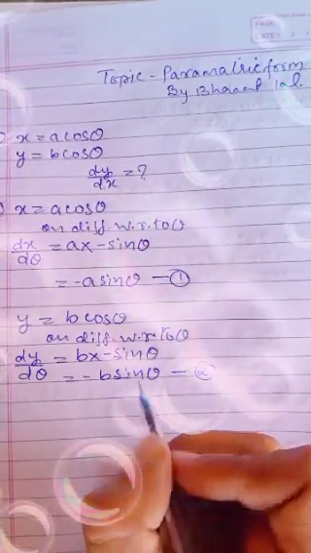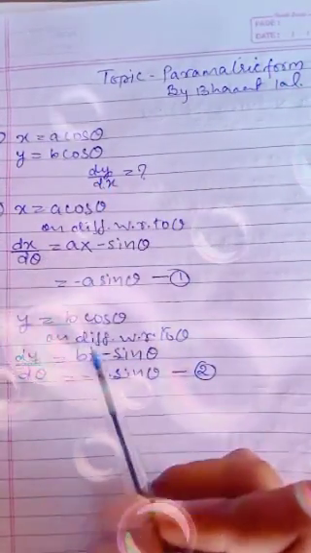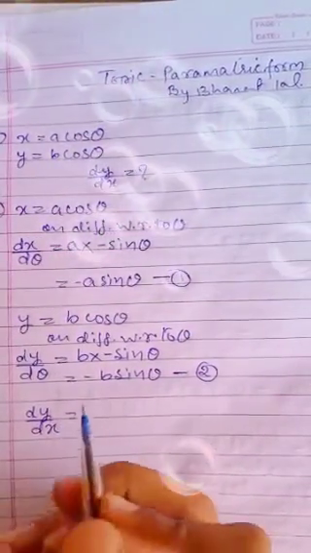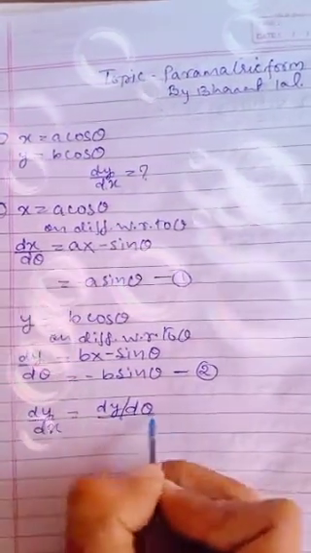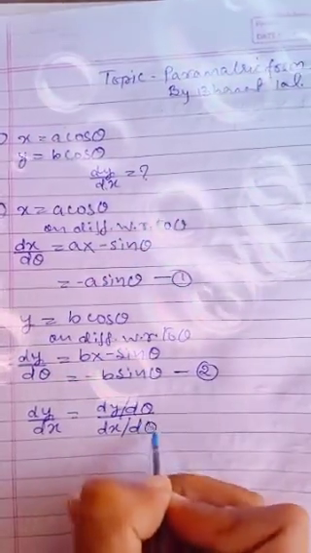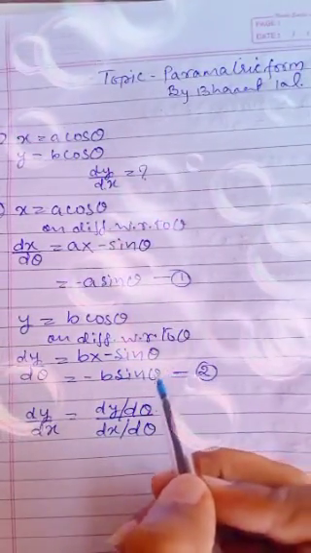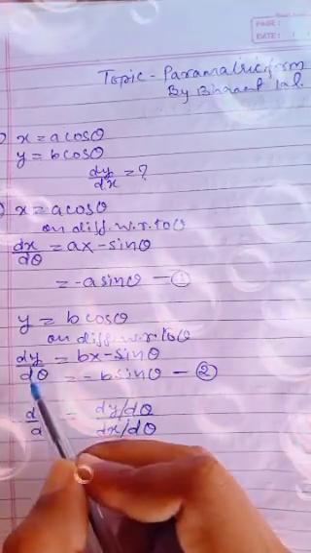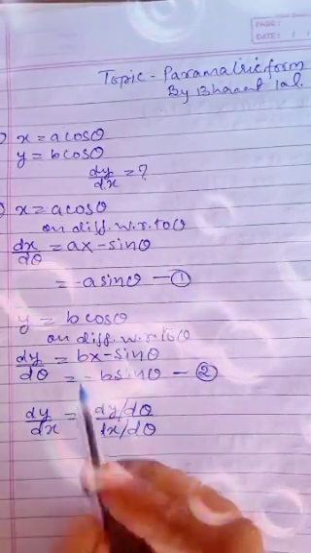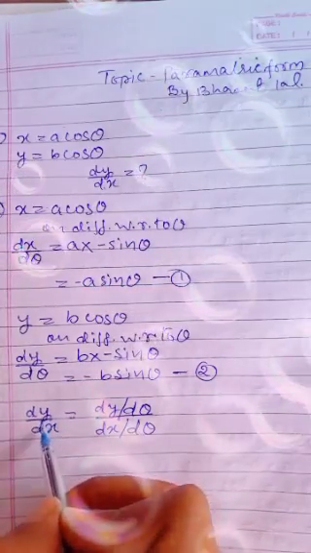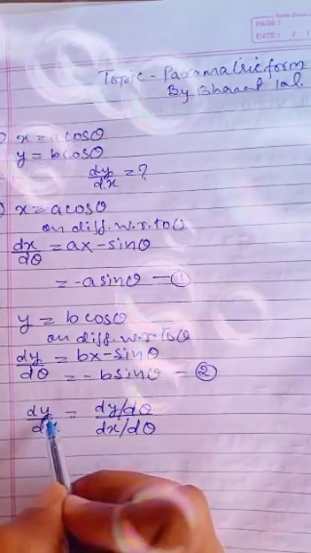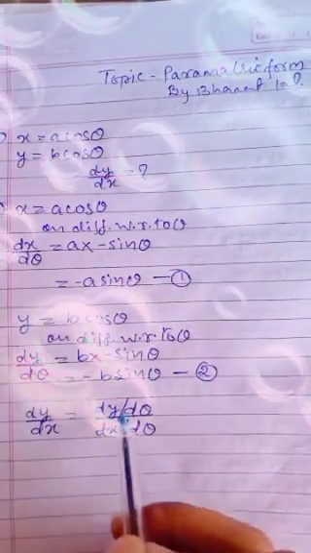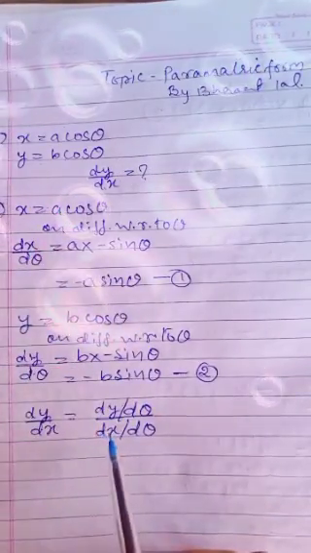Now what is your aim? Our aim is to find dy over dx. So how can we find it? You can write dy over dx is equal to dy over d theta divided by dx over d theta. Now the question arises: why should I take this term in the numerator? This is because when you need to find dy over dx, dy goes in the numerator and dx in the denominator.